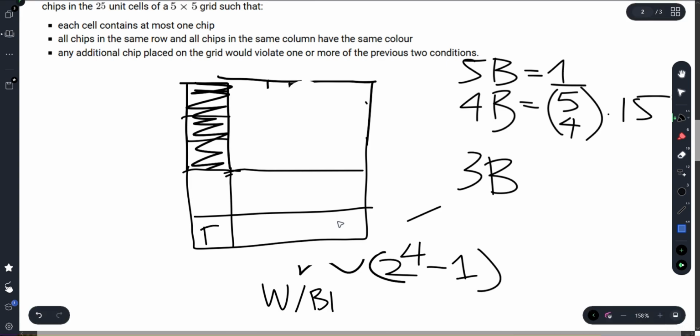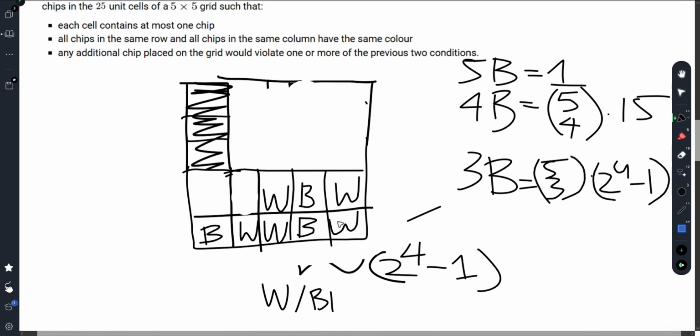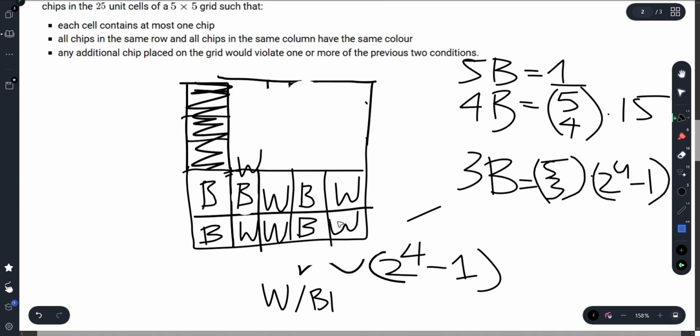Same as the usual, we have 5 choose 3, but then we also have times 2 to the 4 minus 1 as the 4 blanks condition. The catch is this has to be blank, W, W, blank, W, because if we had anything otherwise, if we had a black there, it would violate the condition. And if we had a blank here, then we can always place a white here, and that would violate the third condition. So it is still just 2 to the 4 minus 1.